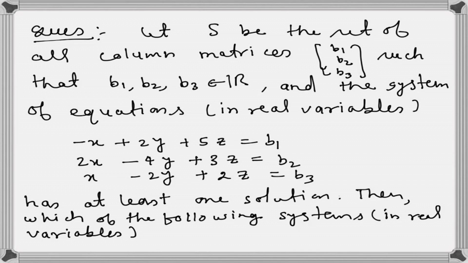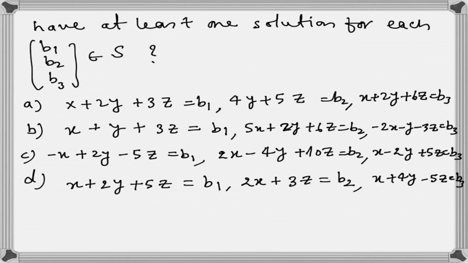So here S is the set of all column matrices b1, b2, b3, such that the following system of equations has at least one solution. So then which of the following systems will have at least one solution for each b1, b2, b3? First of all we need to find the set S, right?